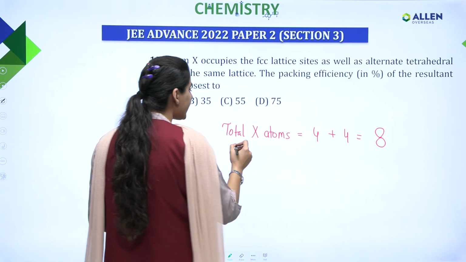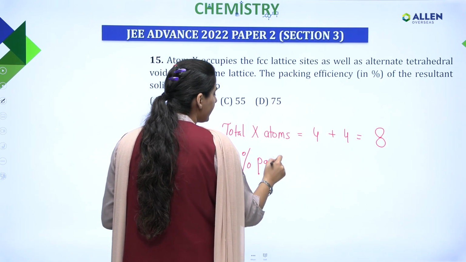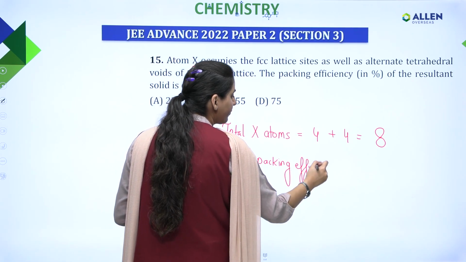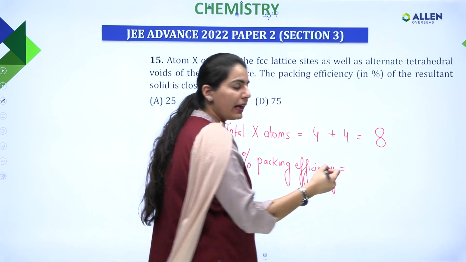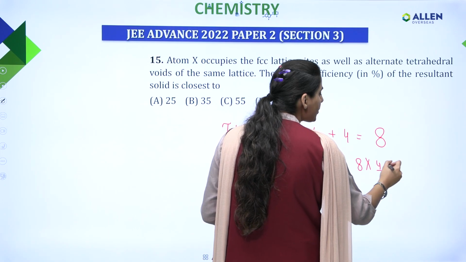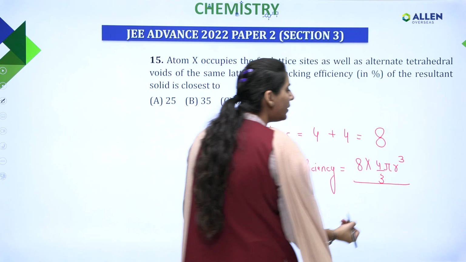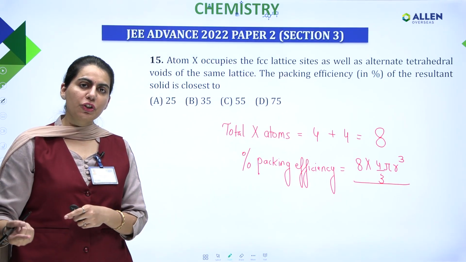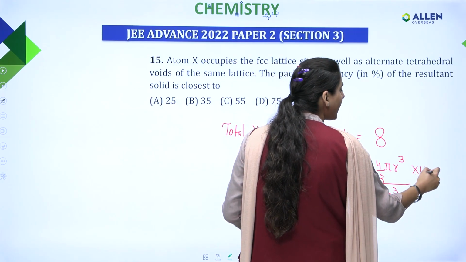First I'll write the packing efficiency formula: percentage packing efficiency is total atoms in my particular unit cell into volume of each spherical atom, which is 4/3 pi r cube, divided by the overall unit cell's volume, and obviously since it's cubic, it is a cube, and then multiplied by 100.